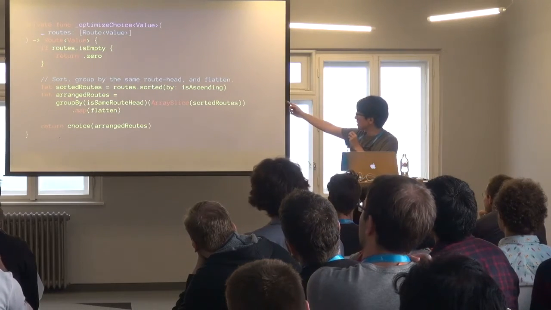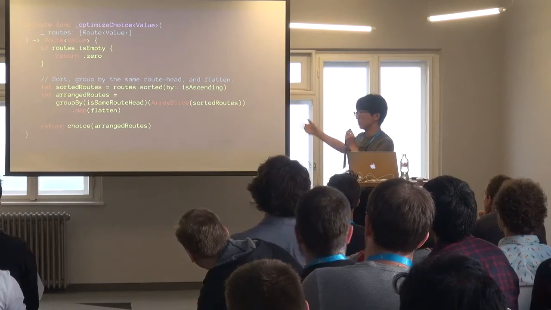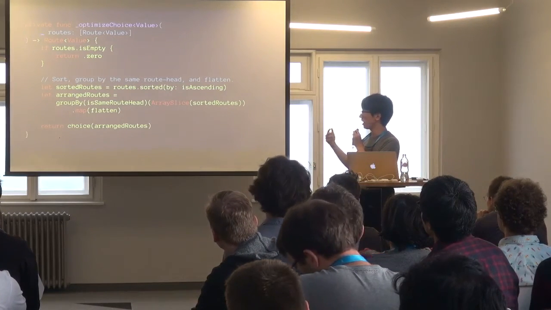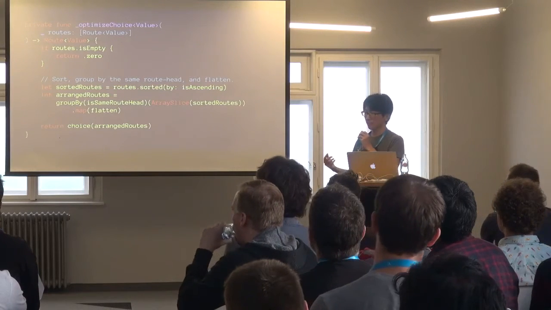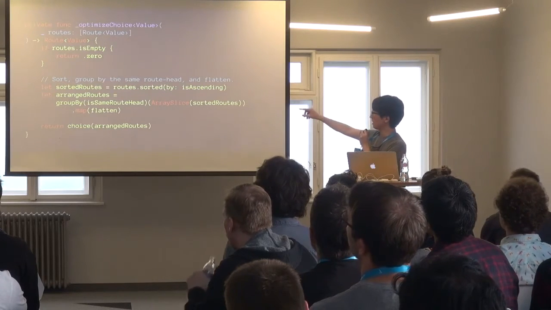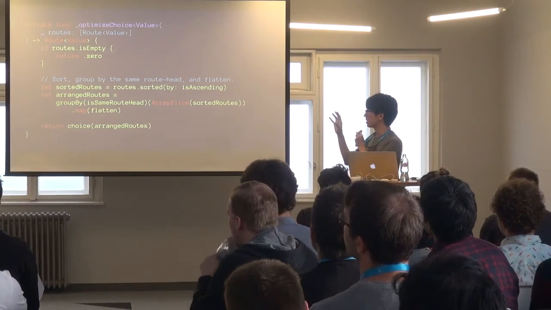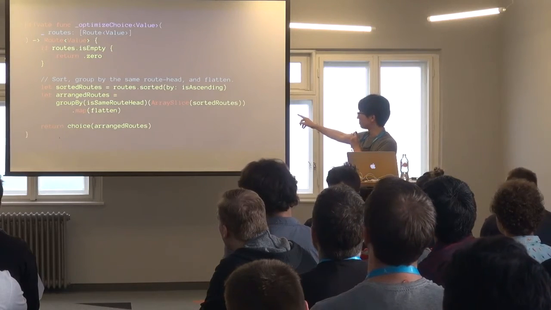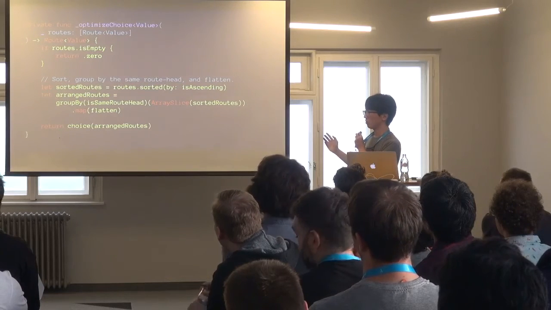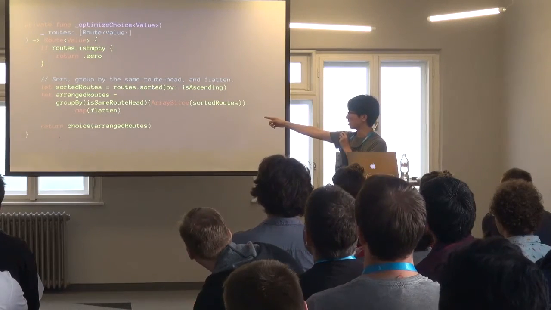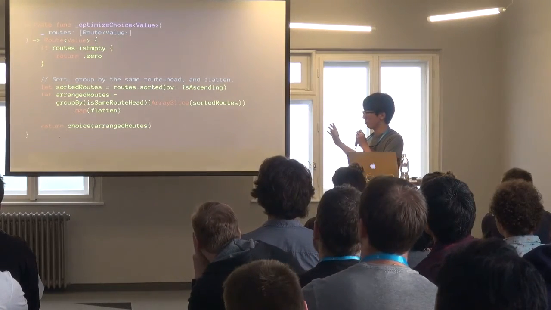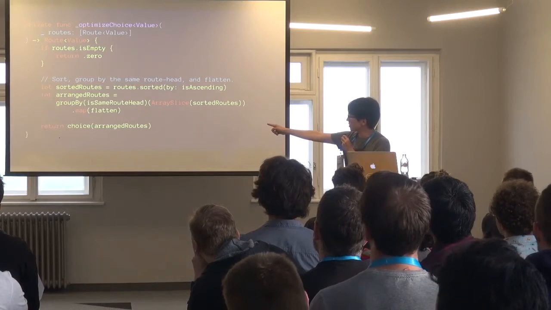We first sort the routes in ascending order, for example, and then we arrange it by using a helper function called group by. Actually, this is a method I just implemented, and it's also in Haskell. And you group it by the same route head, and it will make an array of routes. And you have to flatten it, so you call map flatten here. And this will make an array of routes. And you return with a choice here.